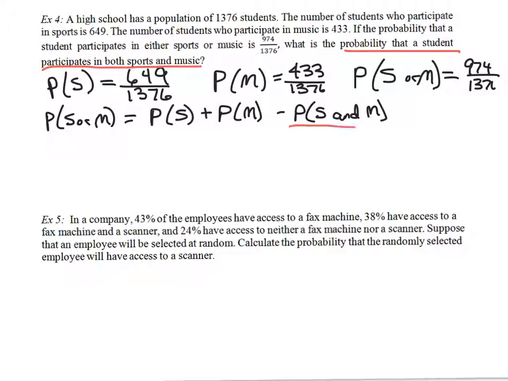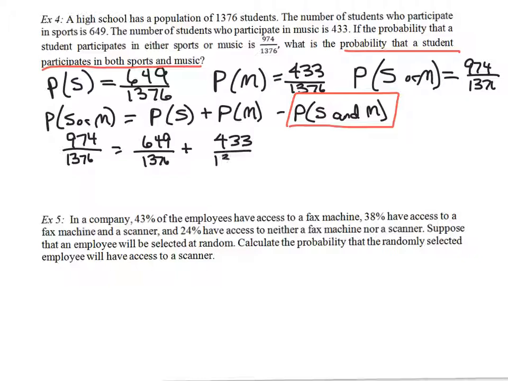So we're actually looking for this in my equation. Let's fill in what we know into the equation. So we know that the OR is going to be 974 over 1376. The probability of sports is going to be 649 over 1376. And the probability of music is 433 out of 1376.